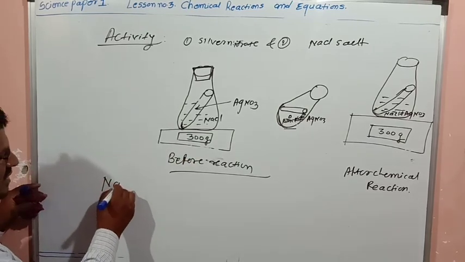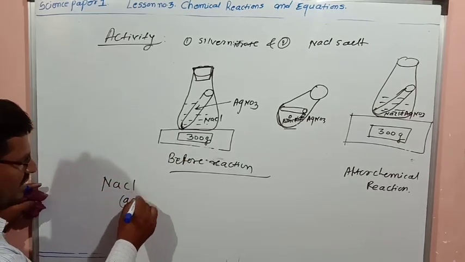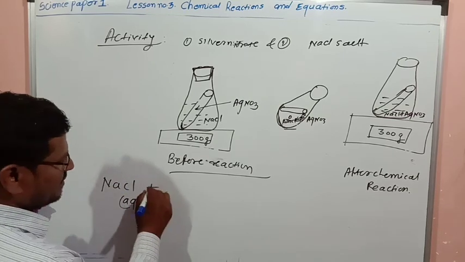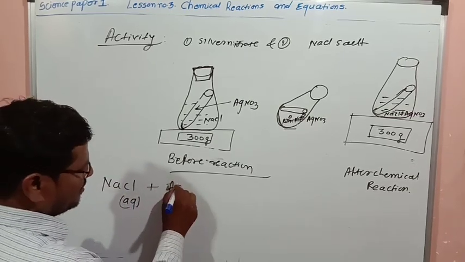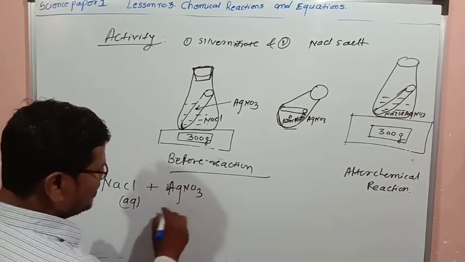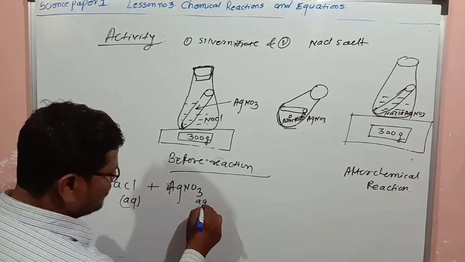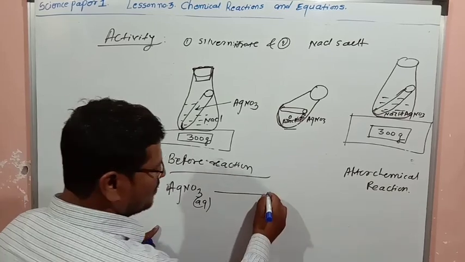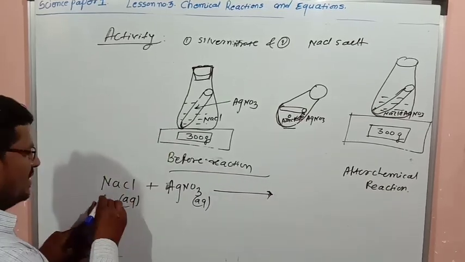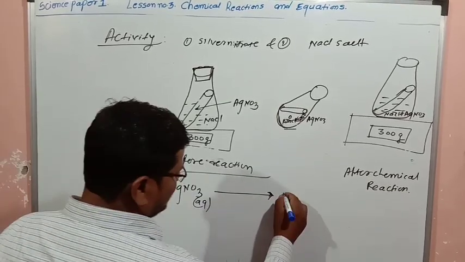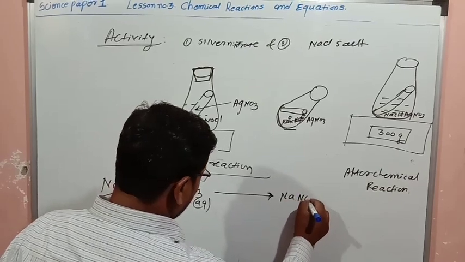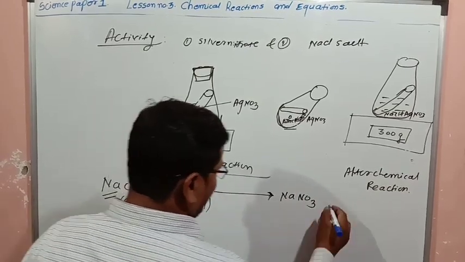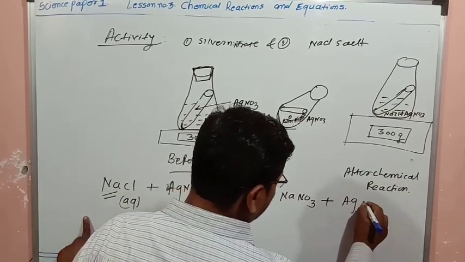First, there is NaCl, aqueous, sodium chloride, plus AgNO3, silver nitrate, also in the aqueous state. Then an arrow. In this, NaNO3 will be produced, plus AgCl will be produced.